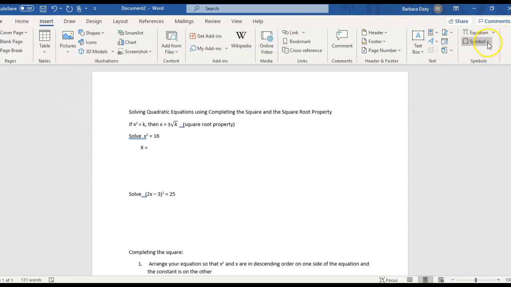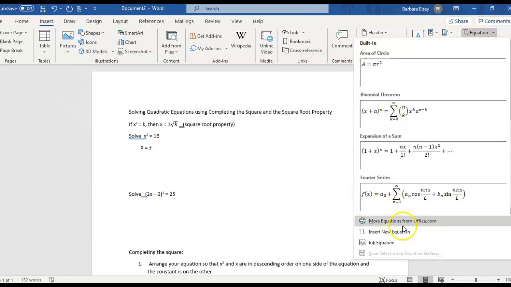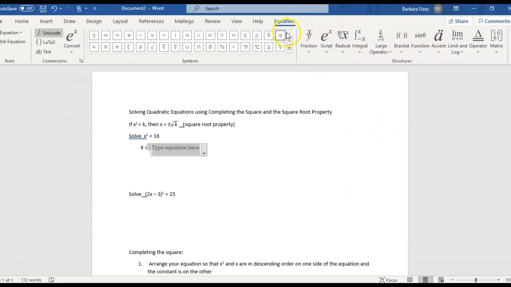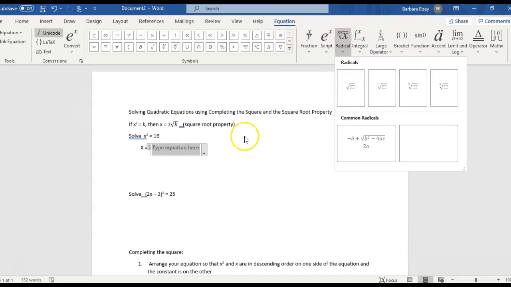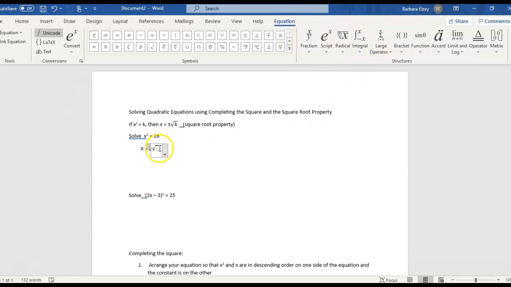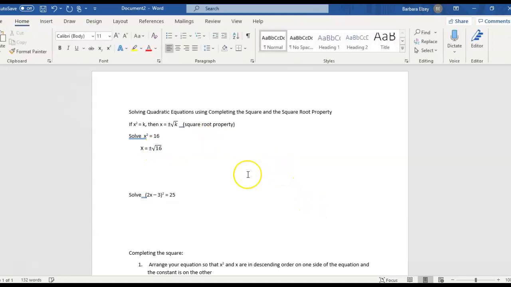I think I've got my little symbol for plus and minus here. Fortunately, we know the square root of 16 is 4. So there are 2 solutions, positive and negative 4.